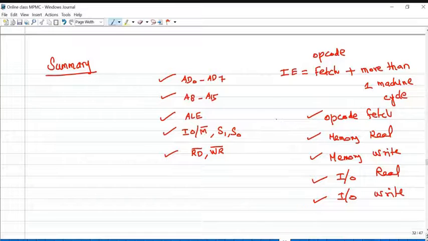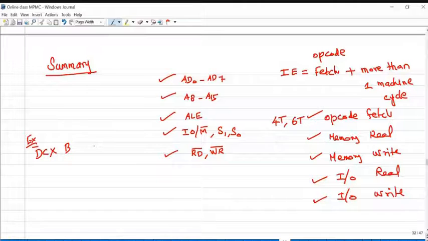For opcode fetch, a minimum of 4 clock pulses is needed for a 1 byte instruction with 8-bit related operations. For a 1 byte instruction with a 16-bit related operation, the microprocessor needs 6 T states, for example INX or DCX B. This is a 1 byte instruction, only an opcode directly from the opcode sheet, but it is related to a 16-bit register pair operation.